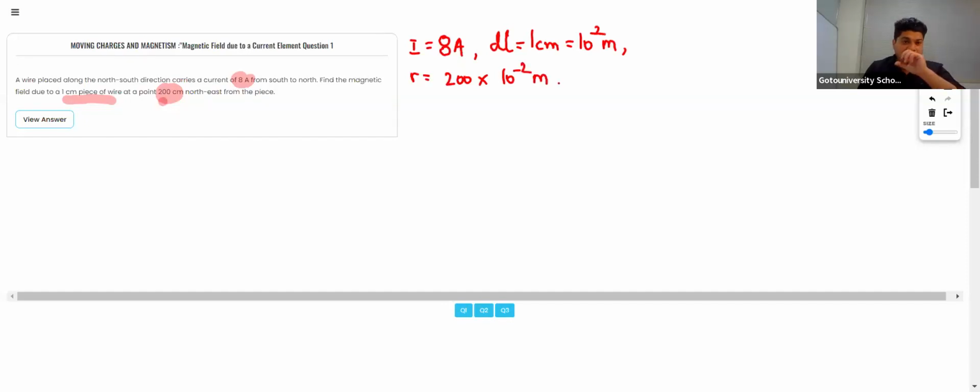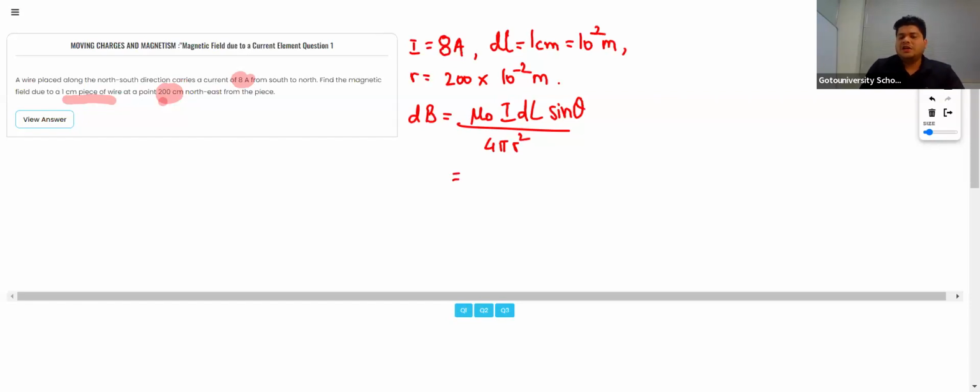What are you supposed to find? You are supposed to find the magnetic field. So what's the formula for magnetic field? Your magnetic field formula is dB is equal to, yes, very good, mu naught I dl sine theta over 4 pi r square.